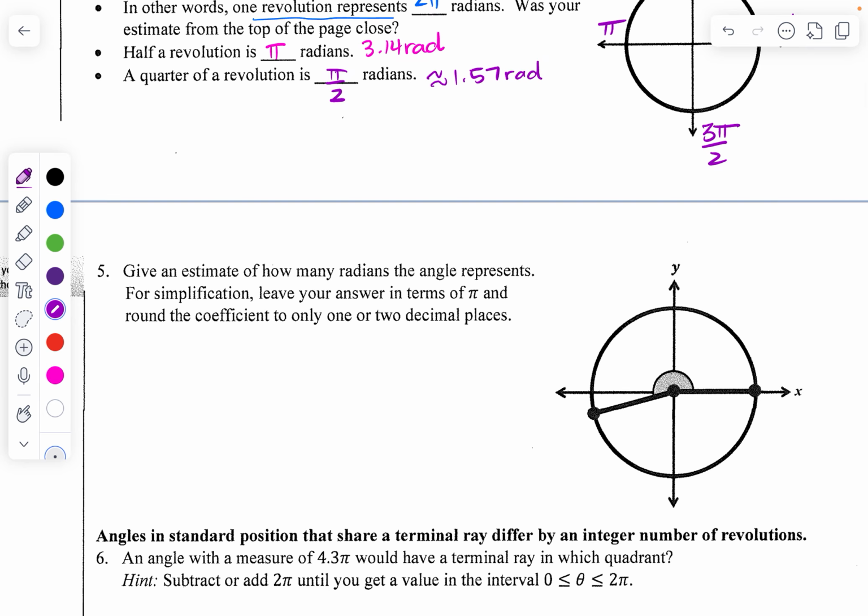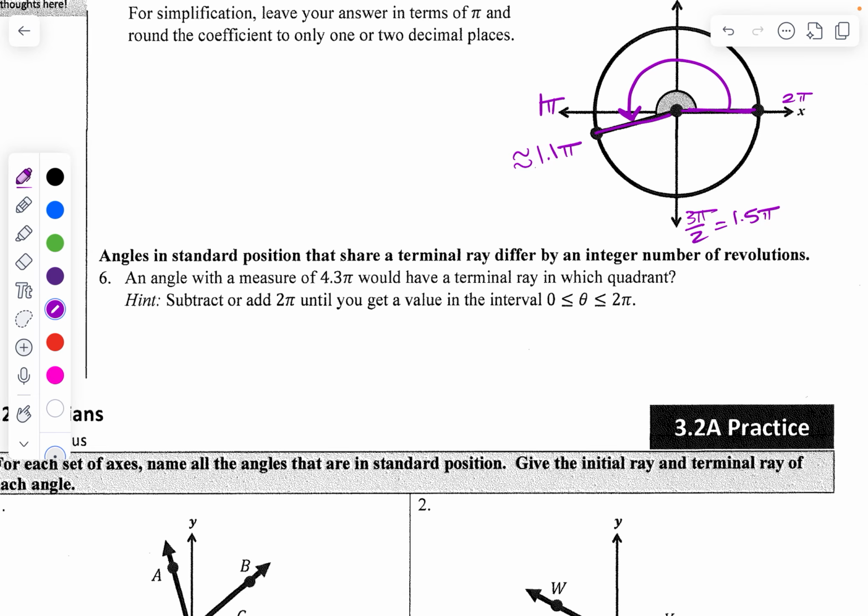Looking at this angle from standard position, positive, from here to here, in radians, if this is 1 pi, here's 2 pi. I know it's got to be more than 1 pi, and this is 3 pi over 2, which is the same as 1.5 pi. So I'm going to say this is approximately 1.1 pi radians.